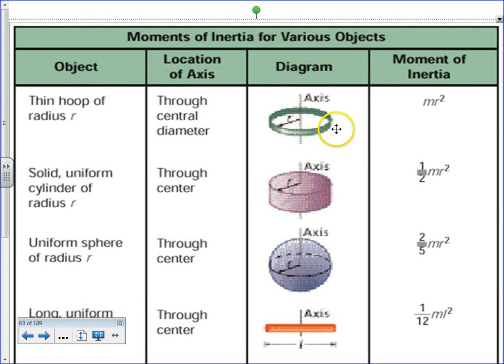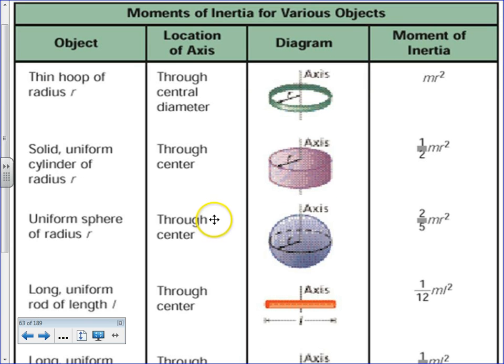So for instance, if I have a thin hoop, then the location of the axis is simply through the middle, and the formula is pretty straightforward, mass times the radius squared. If I have a solid cylinder, like a coin or a big wheel, again the axis is through the center, and now I have half the mass times the radius squared, because the mass is now distributed all along from the outside to the in.